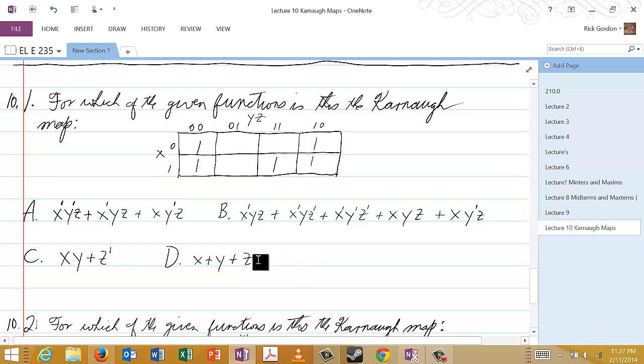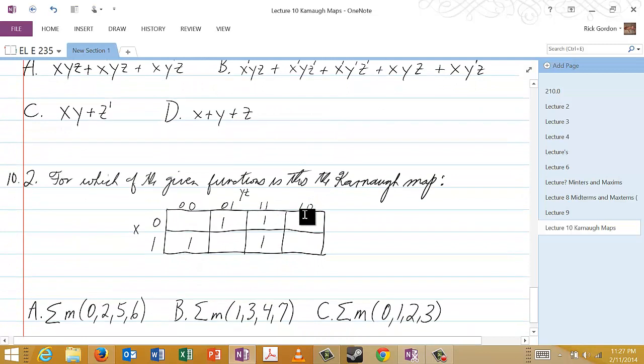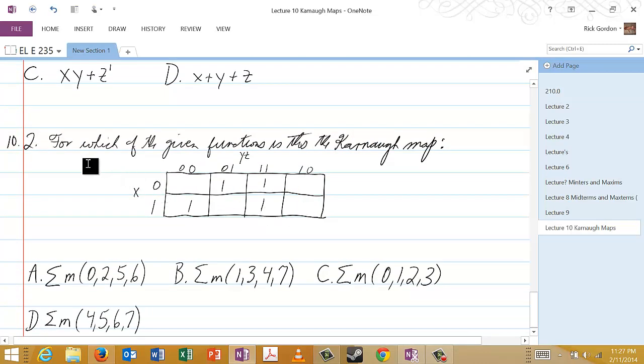One of these functions does correspond to this Karnaugh map. Which one is it? And a similar question down here. For which of the given functions is this Karnaugh map? You see a Karnaugh map here, and you have 4 choices, A, B, C, D. You have 4 min-term expansions here.